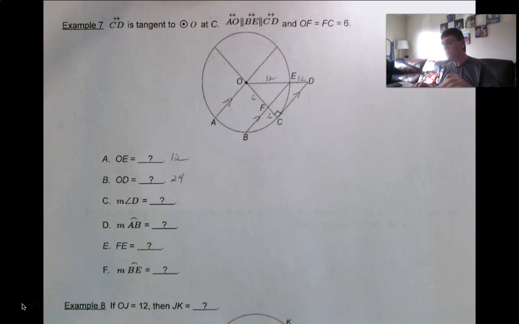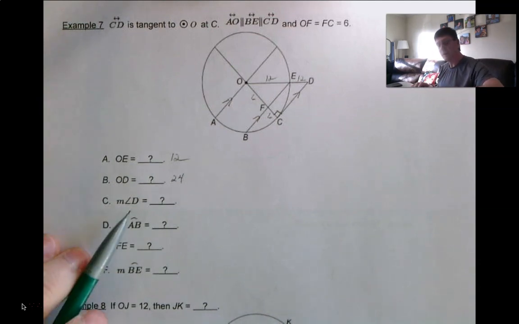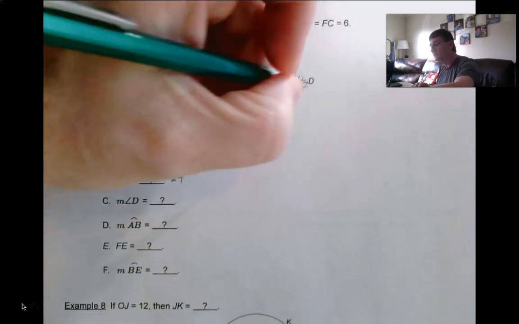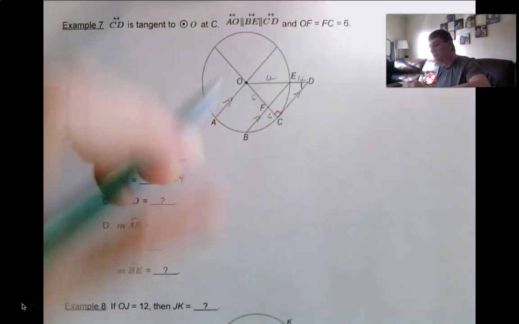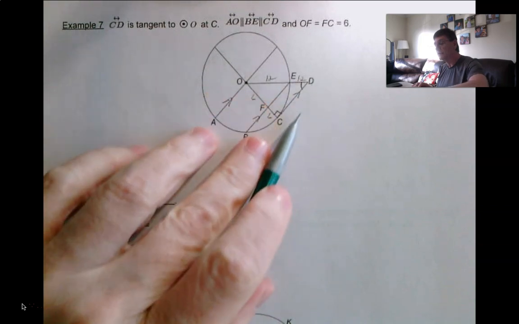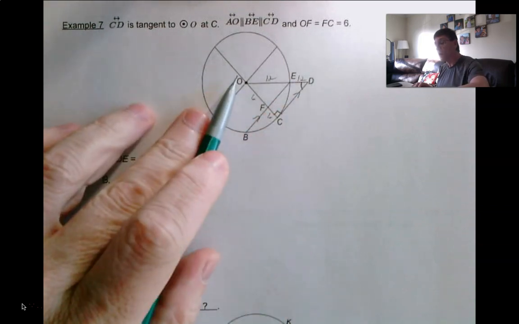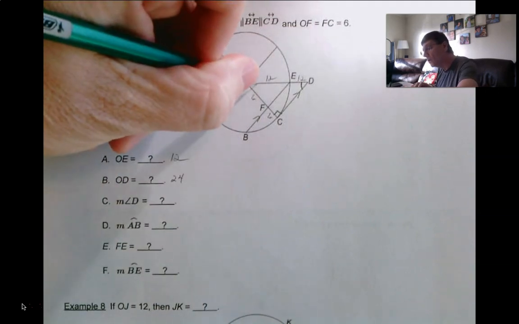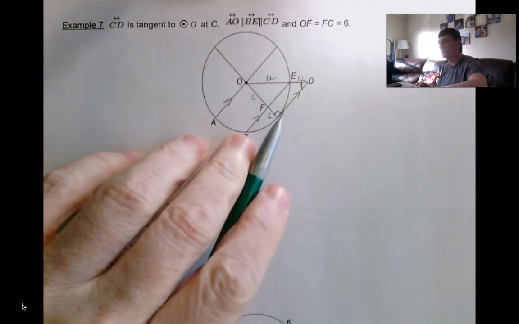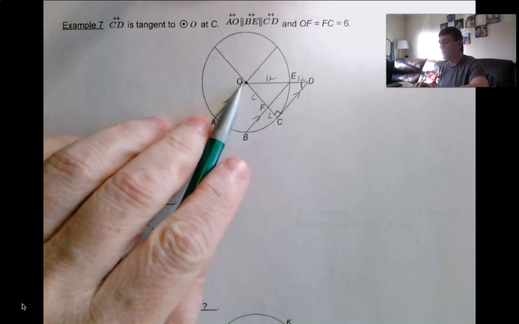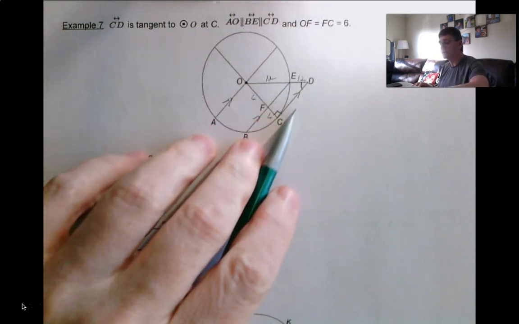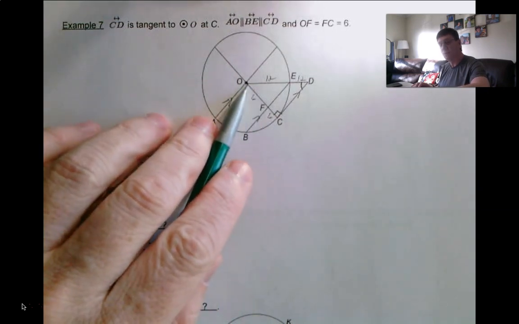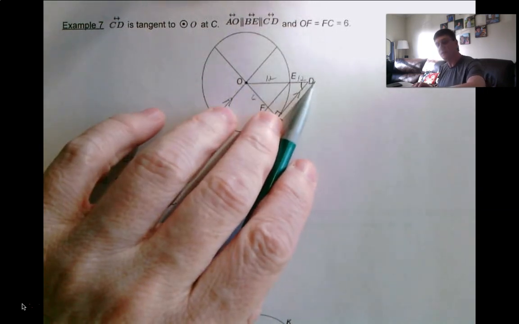A little bit tricky here. We're going to find the measure of angle D. So the measure of angle D is right here. The measure of angle D is part of triangle COD, and this is the angle. Well, we'll get there. COD is a right triangle. This opposite side is 12. The hypotenuse is 24.